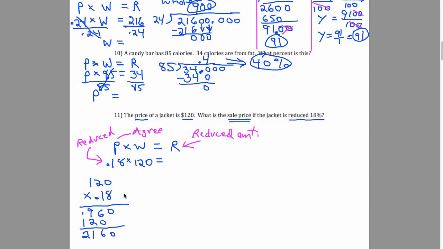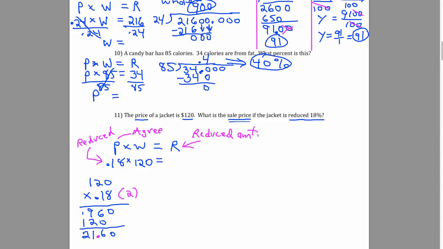We see that we have 2 decimal places in all. So the answer has to be adjusted so that the decimal place is moved 2 to the left. So the final answer will be $21.60. That is the reduced amount, keep in mind.